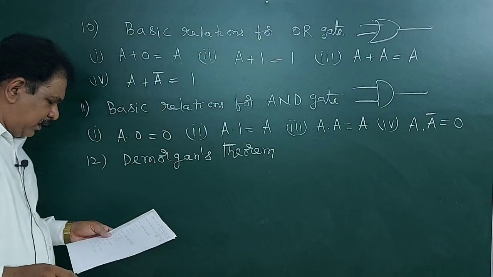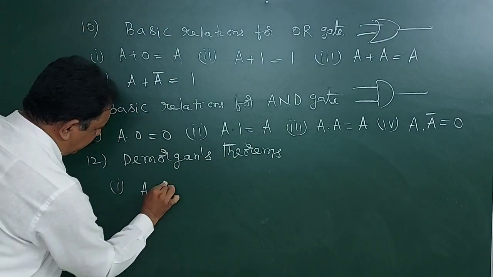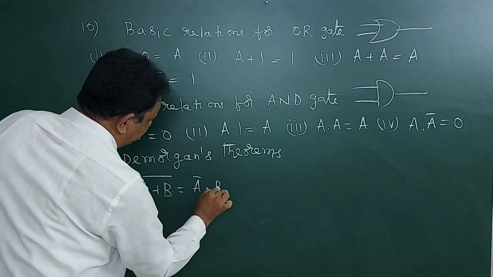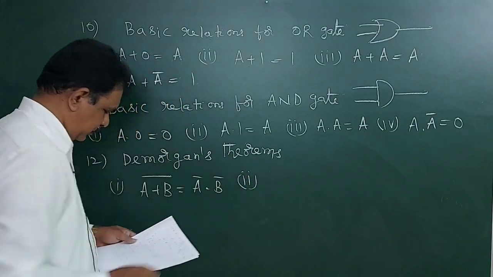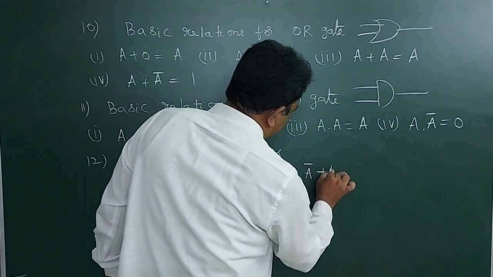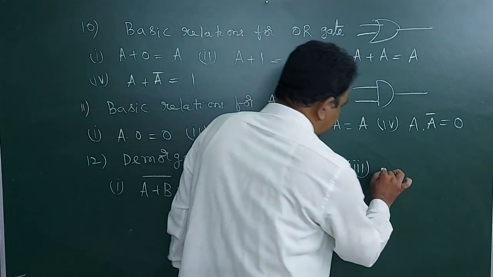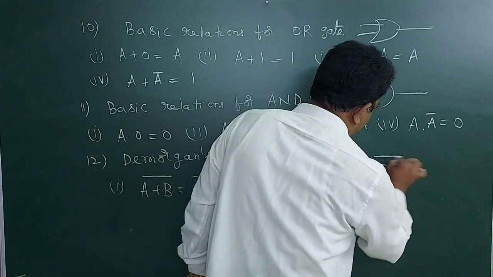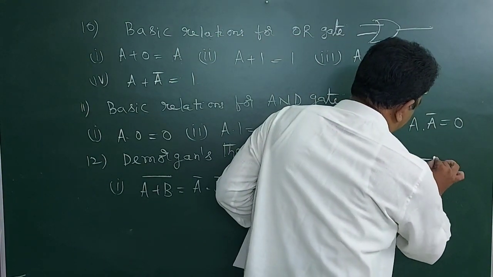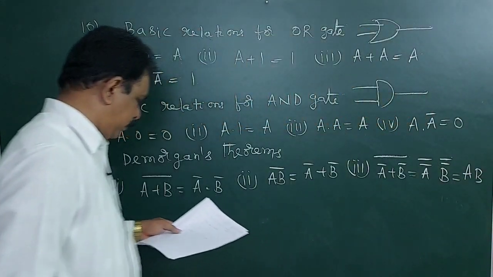De Morgan's theorems. First one, A plus B whole bar is equal to A bar into B bar. AB bar is equal to A bar plus B bar. Next, third one, A bar plus B bar whole bar, this value will be A double bar into B double bar, this is equal to AB.